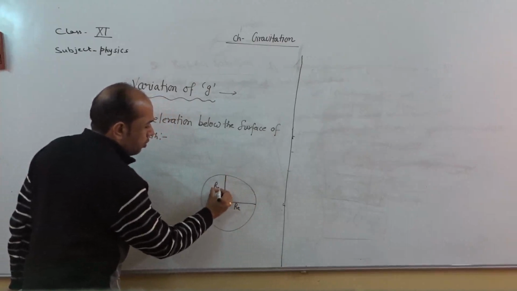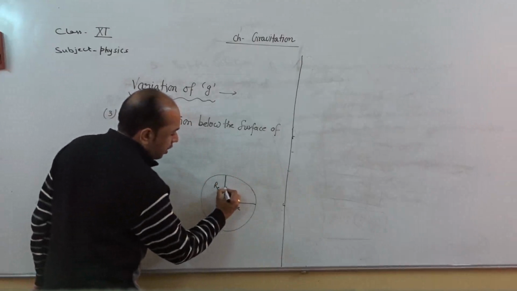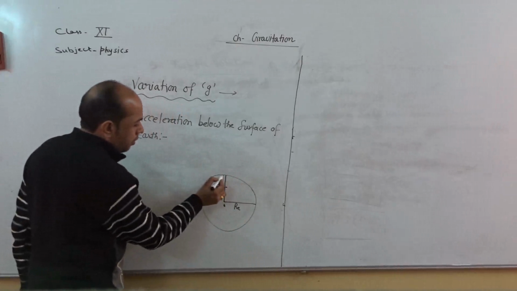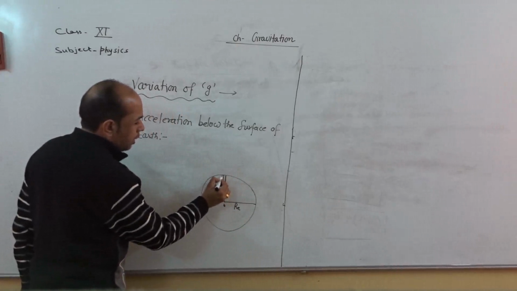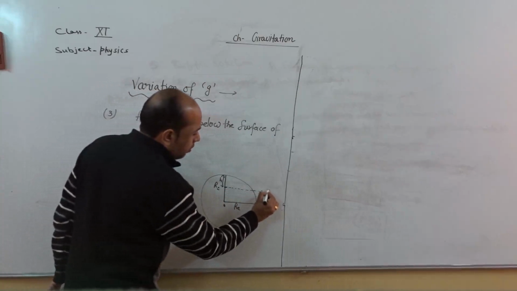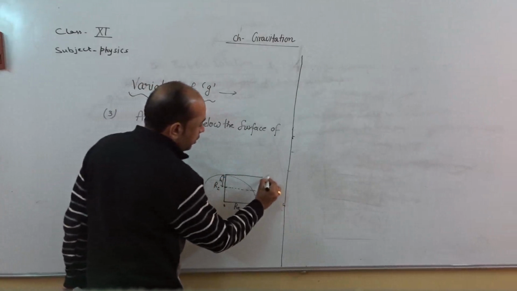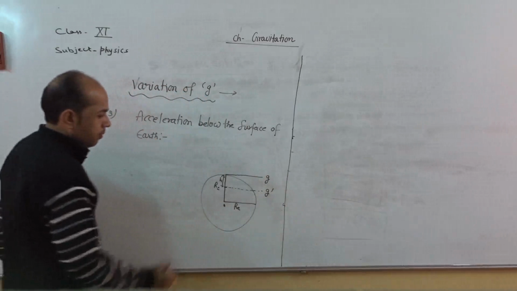Radius remains the same throughout the sphere. Suppose we have to find the gravitation acceleration at this point, at depth h, where we find the gravitation acceleration g dash, and again at the surface, this is denoted by g.